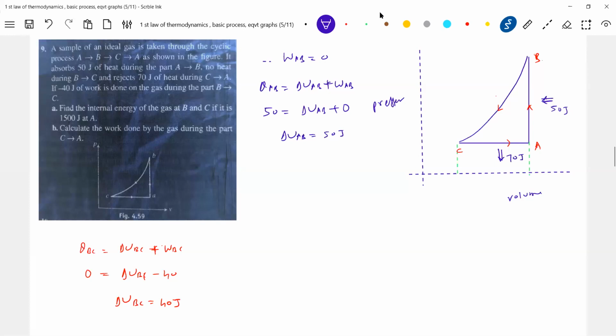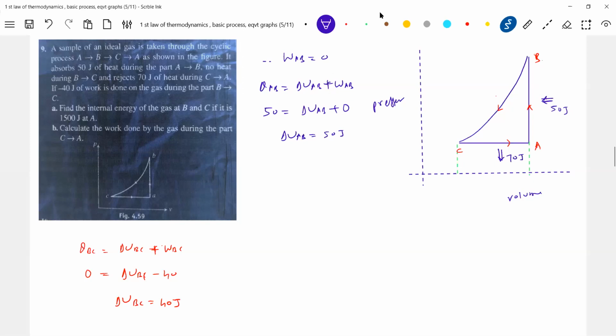Some question is wrong here. CA should be, it should be absorbed here. Okay, anyway, we'll see what all we can work out here.